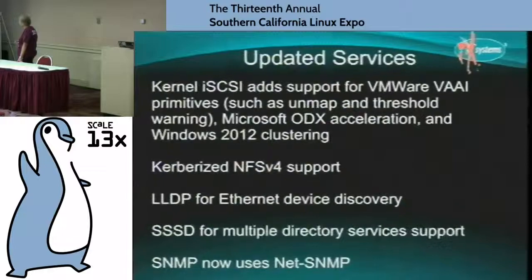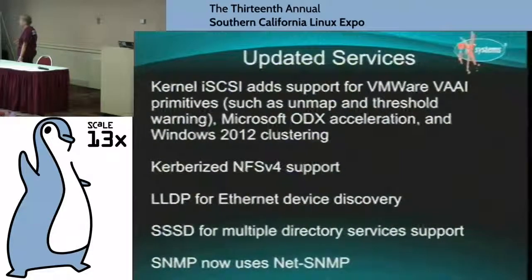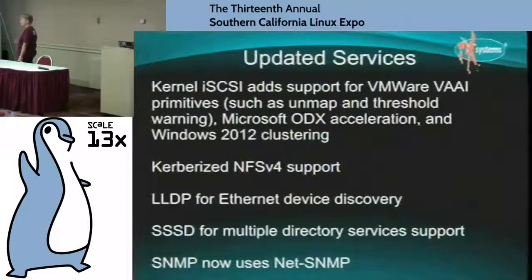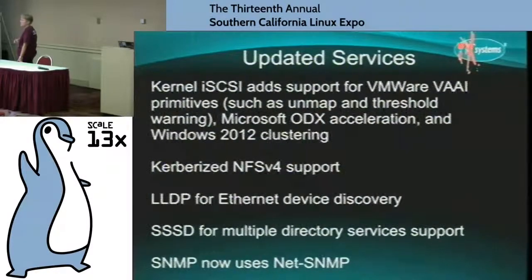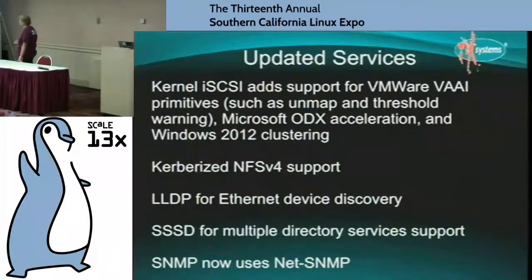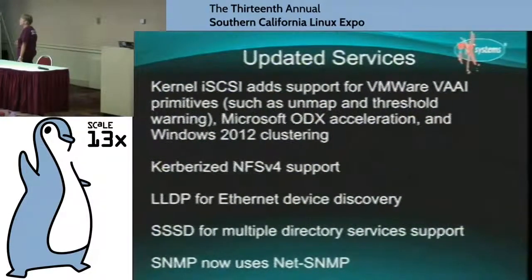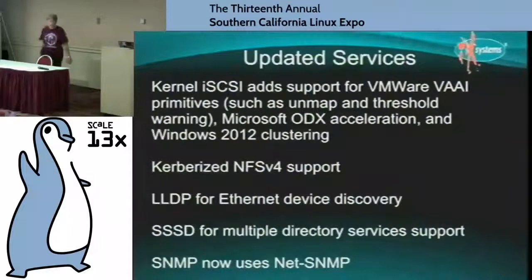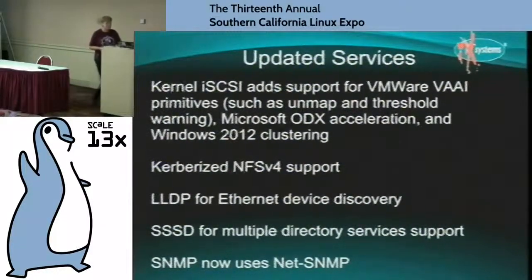Now that we have SSSD built in, you can connect to multiple directory services. And for SNMP, we're now using Net-SNMP, which gives us availability to more MIBs, because we were using bsnmp, which was a very limited set of MIBs. So you should have full MIB support.